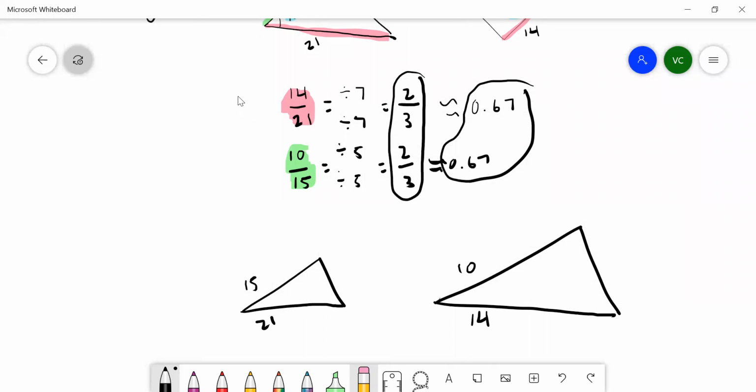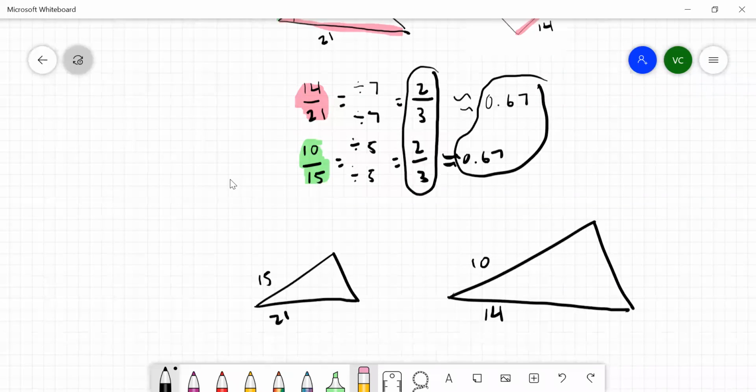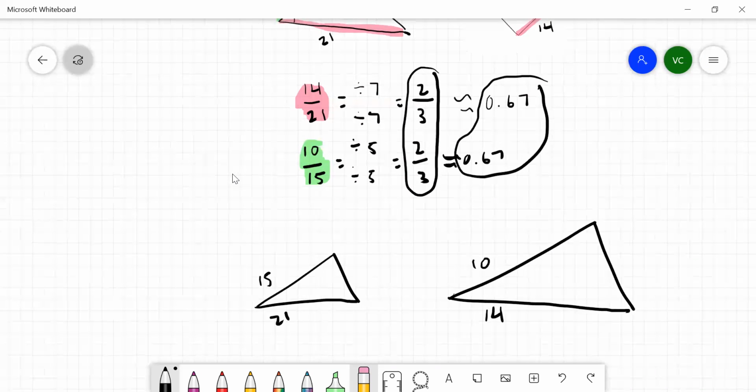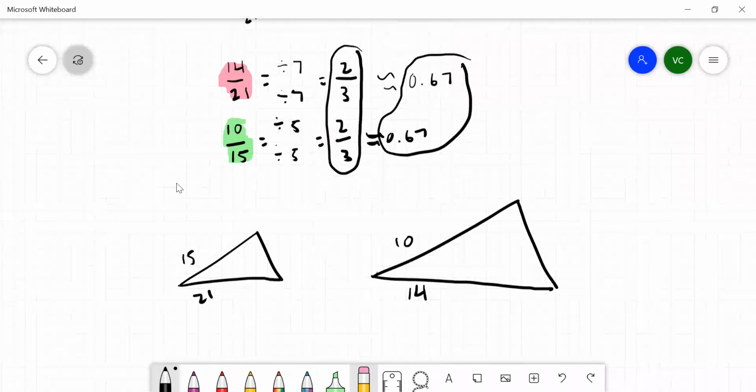Okay, let's say they give you those, right? And from our previous example, we already know that those corresponding sides are going to have the same ratio. We already know that. But what if they said that this was 70 degrees and this was 70 degrees instead?